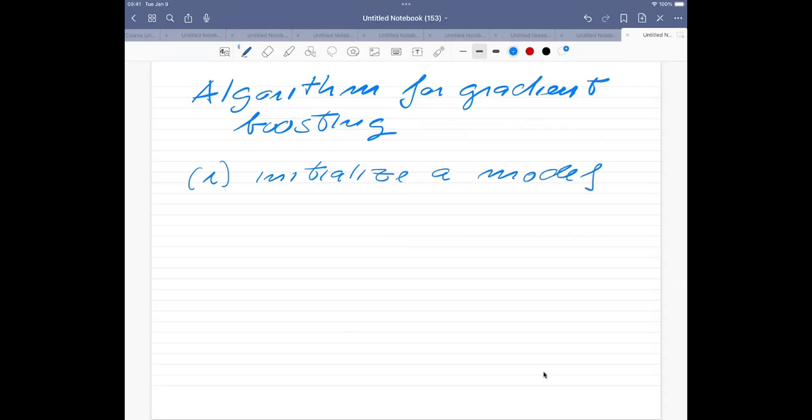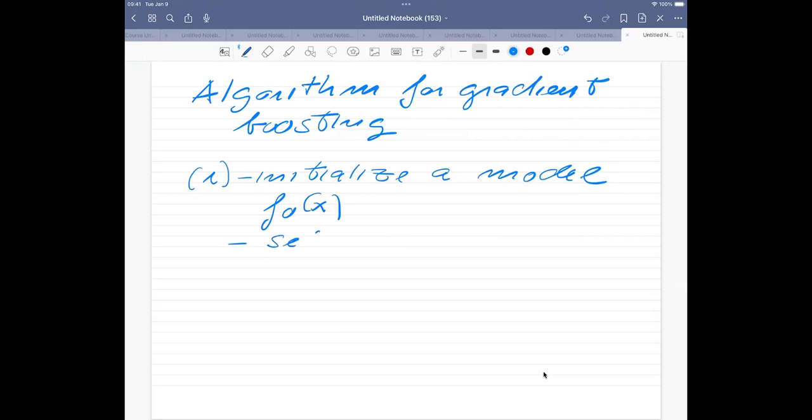So we would then have a function which we would call f0 of x. And sometimes you could just set that to 0, or you could simply take your loss function and take the derivative of that. So there are many ways to initialize it.